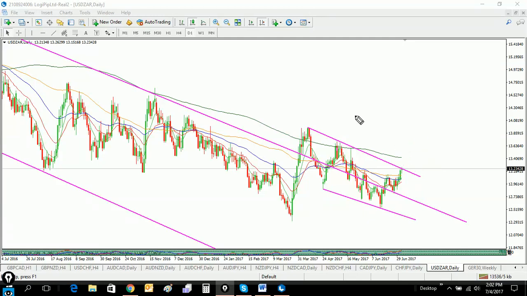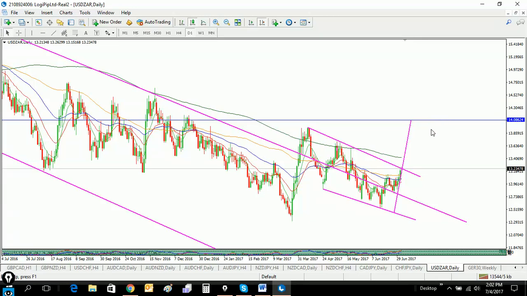Initial targets I'm going to base on this daily time frame. So let's just have a look at where I would imagine that to be. This first impulse run here is my initial target. That's what I'll be looking to get out of this trade initially. Let's put a horizontal line in there of around 14 Rand and 10 cents to the dollar. I will progressively be moving my stop loss along with my price.